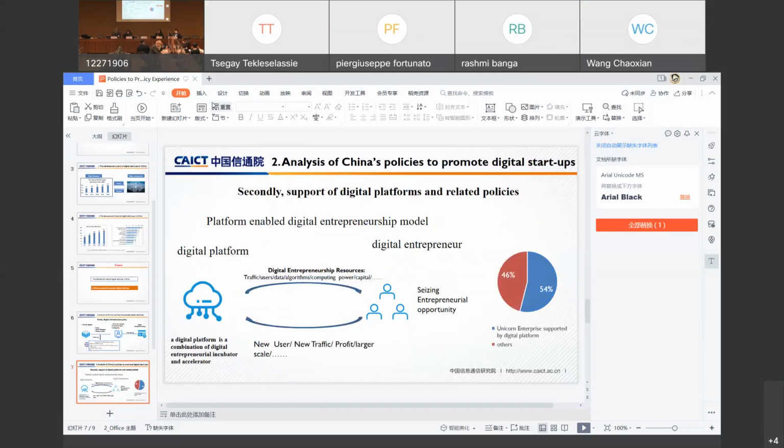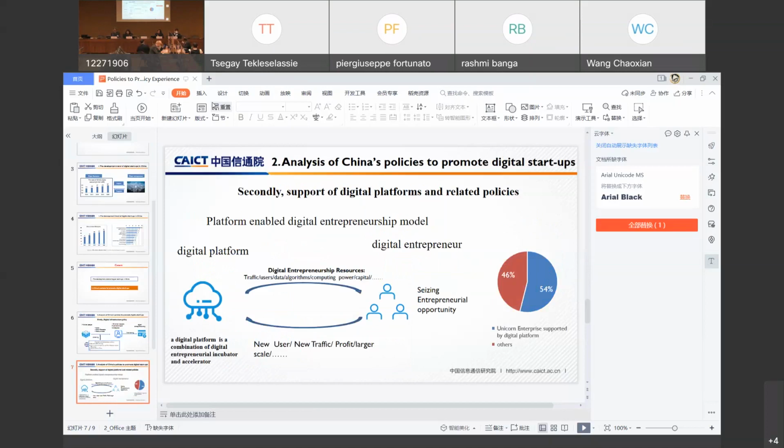The second is the support of digital platforms and related policies. Digital platforms are one of the most important business transforms in the era of digital economy, changing the traditional business model and the way entrepreneurship is conducted.